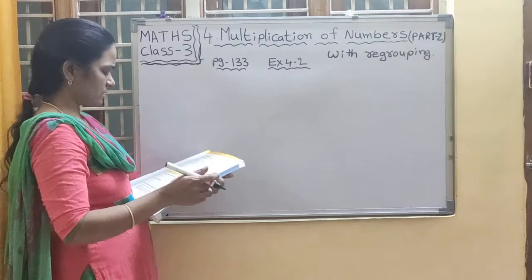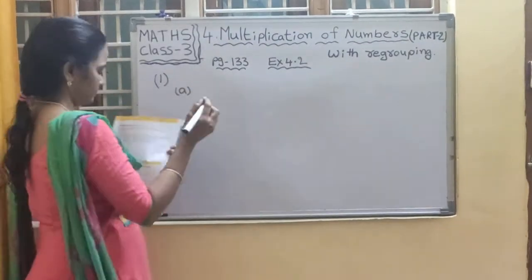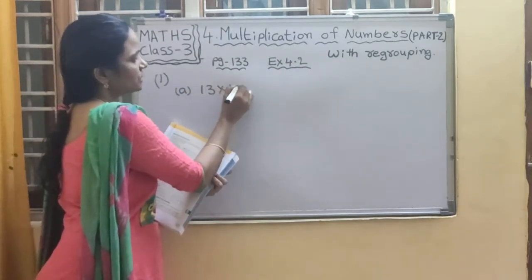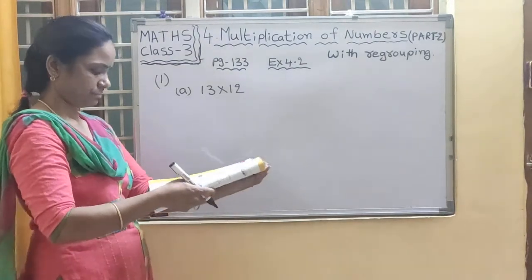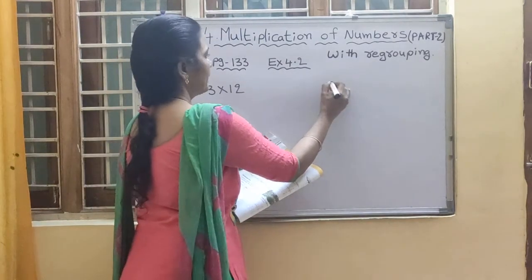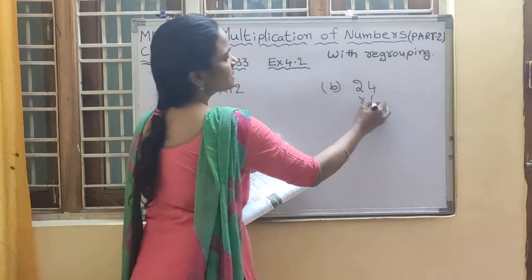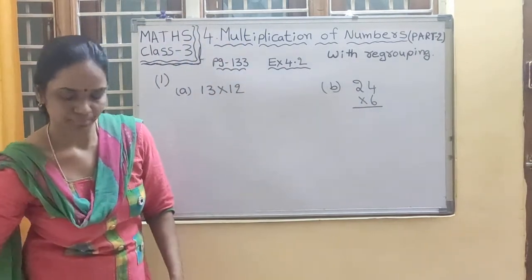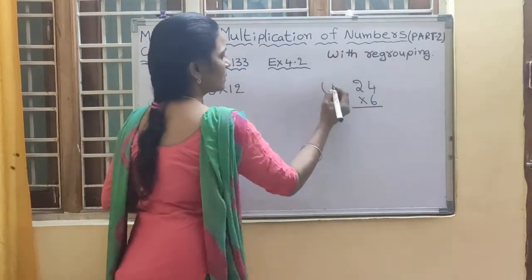I'm going to take from the first one a bit. A is 13 into 12, and B is 24 into 6. Now, for B, this is some other example.